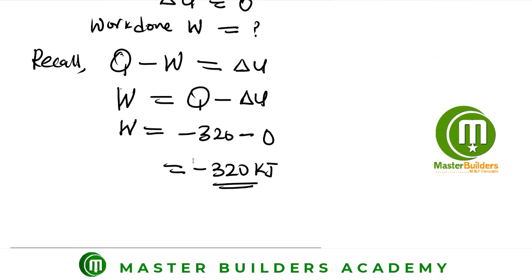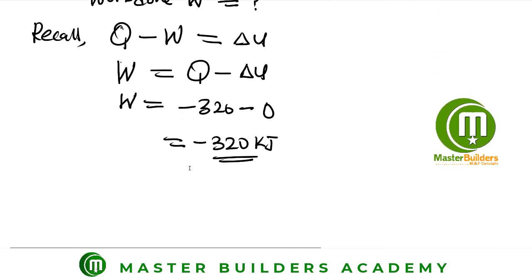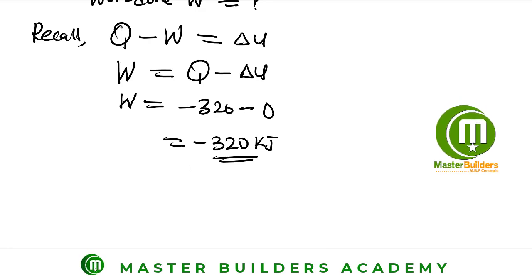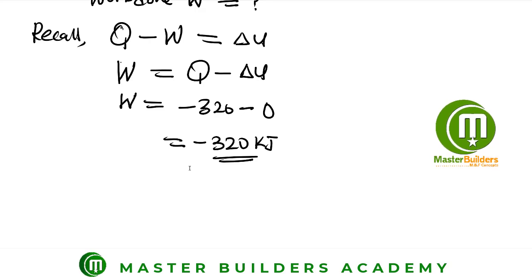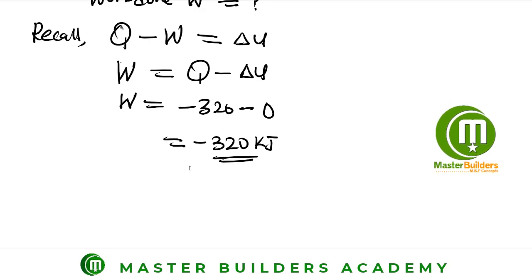On this note, take for instance, we are now asked what type of work is done. What type of work is this? Is this work done by the system or work done on the system? Please help me check it out. So I'll quickly remind you the condition. Remember that work done by the system is positive and work done on the system is negative.